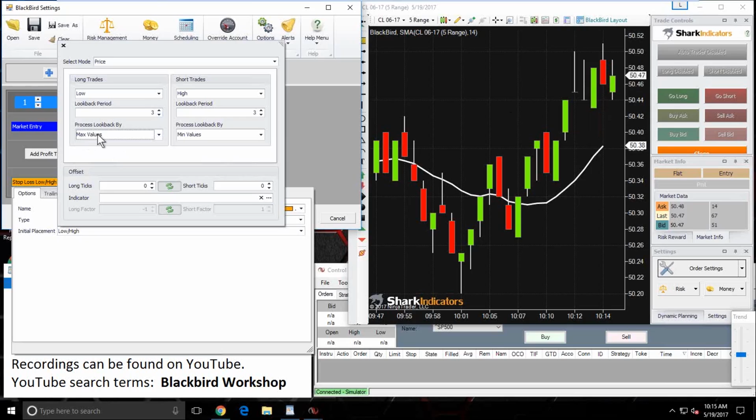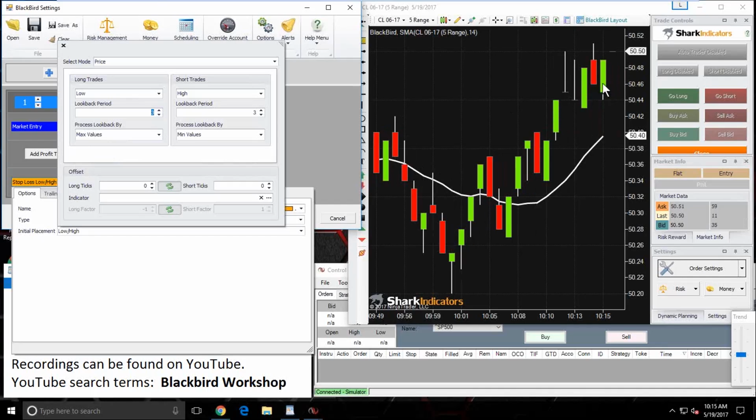Looking back 3 bars and finding the maximum value of the last 3 bars. So this red candle here has the maximum or the highest low value, the highest price of the low prices.